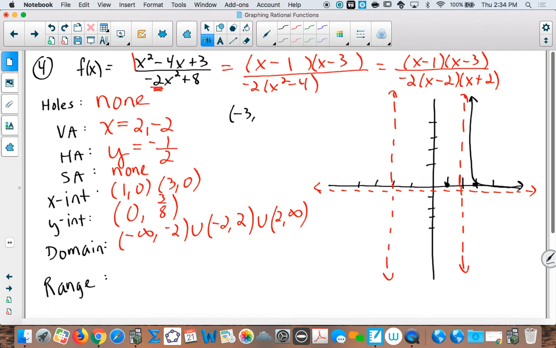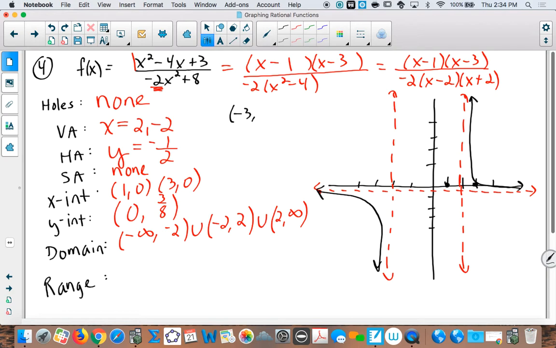Paul? Negative? But is it going to be more negative than -1/2? It's less negative. Oh wait, it's more negative, right? So it's going to be down here. Yes? All right, so down here, hug the branches.